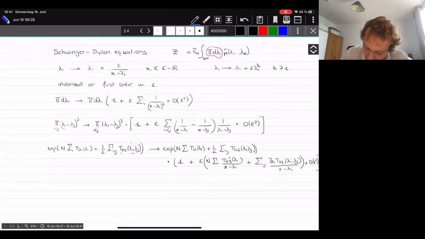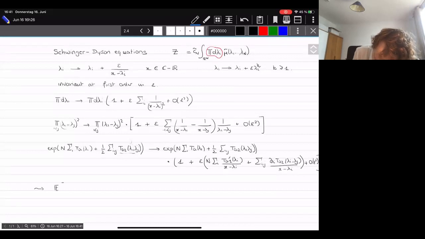So when I integrate, I should get something which doesn't depend on epsilon. And so if we collect the terms at first order in epsilon, we get, so recognize that all these factors reconstruct the measure that we have. And so what we see is an expectation value.